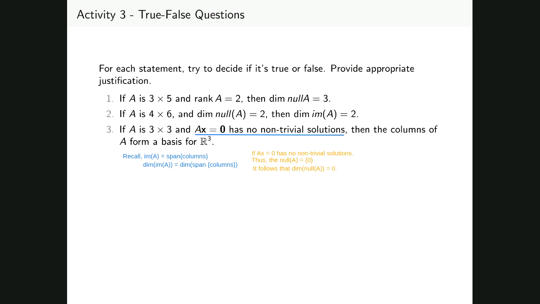Okay, so let's put that together with the rank nullity theorem and see what that tells us about the image.